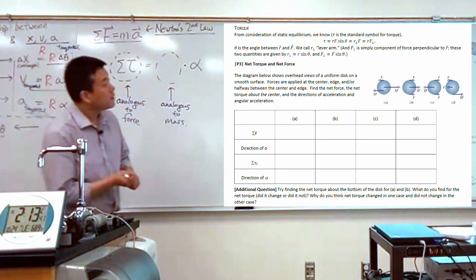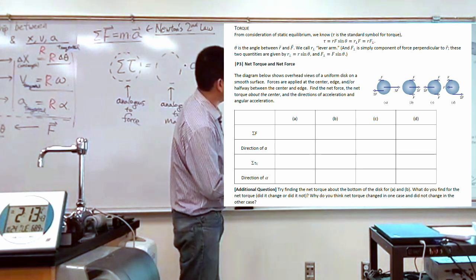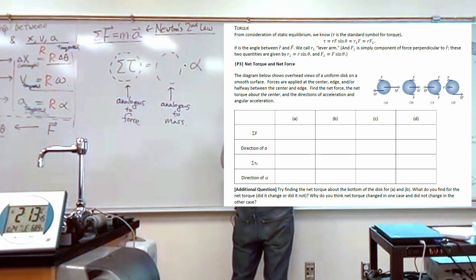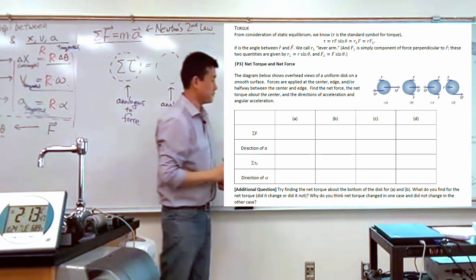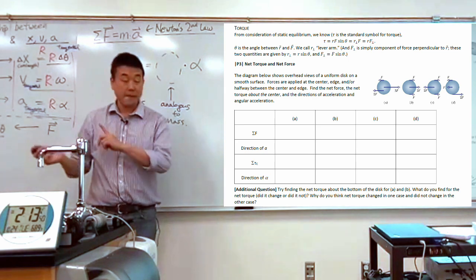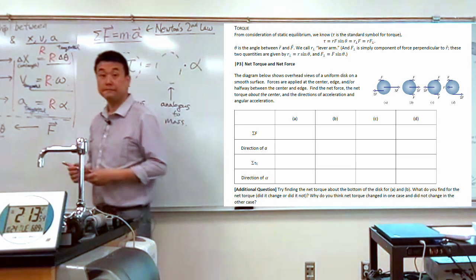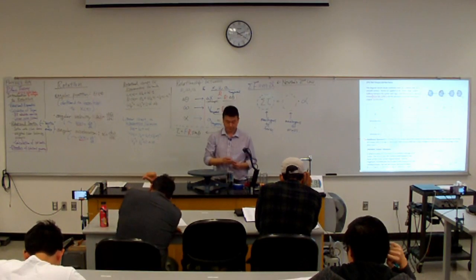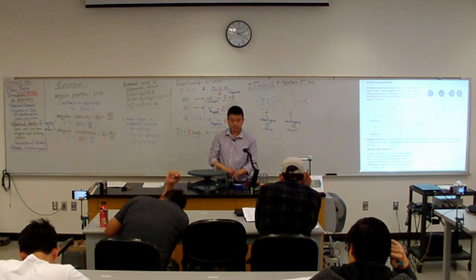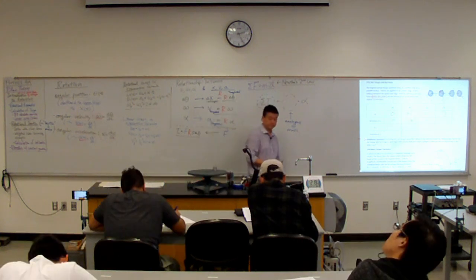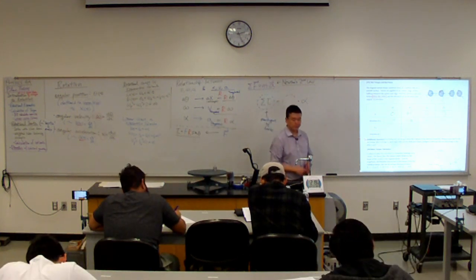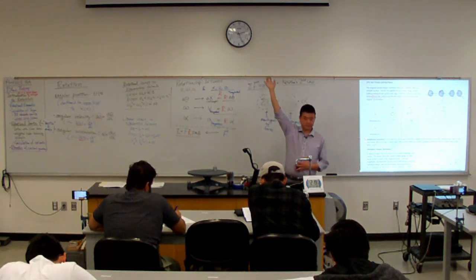They say find the net force about the center and the torque about the center. And if you happen to finish it early, try the additional question. Who's not done with the net torque?